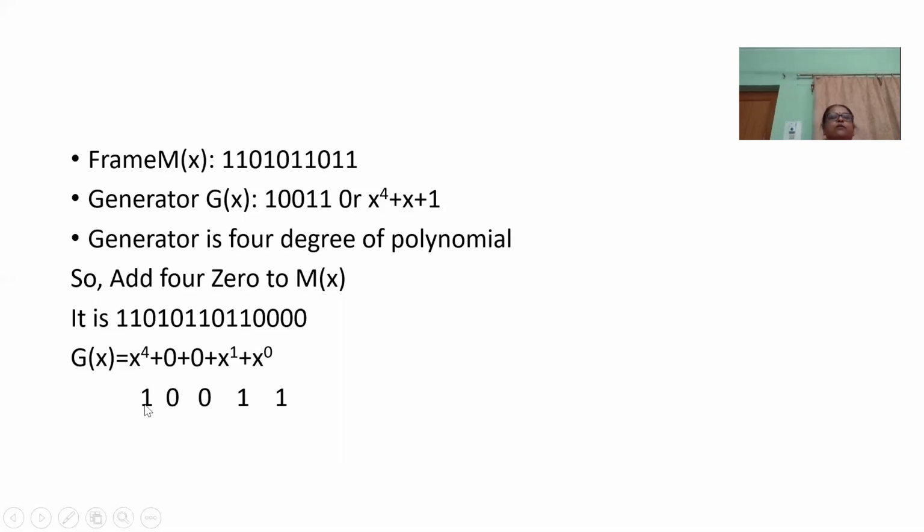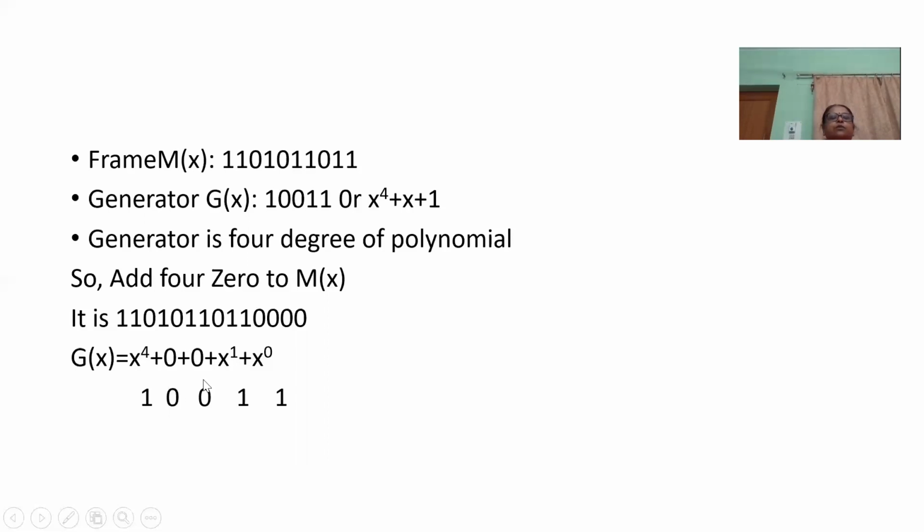Here I put 1 for a given term and put 0 for a term that is not given. X to the power 4 is given, so I put 1 here.